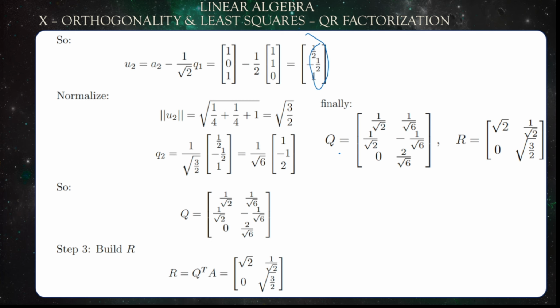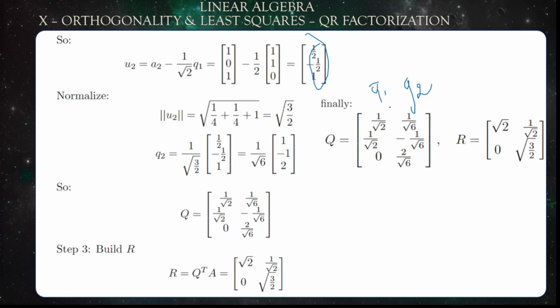Now the big Q is the set of all these vectors that we obtained. We have 1 divided by the square root of 6, minus 1 divided by the square root of 6, and 2 divided by the square root of 6, which is Q2 on the right, and on the left you have Q1.